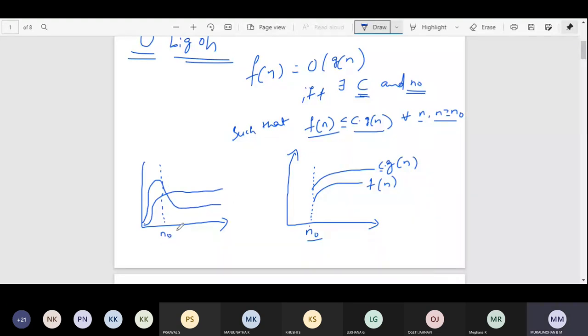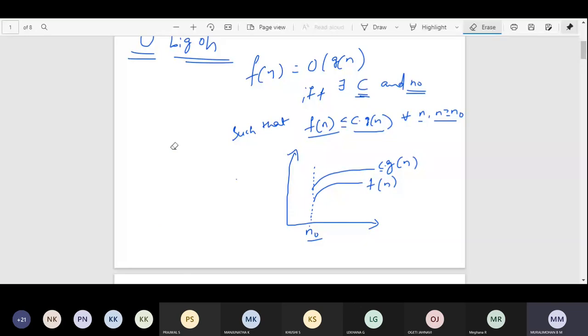Whatever it may be, after this n naught, this f of n should be less than or equal to c into g of n. Don't get confused. Clear? Kindly respond. Yes, sir. Okay, so this is the worst case, that is big O notation.